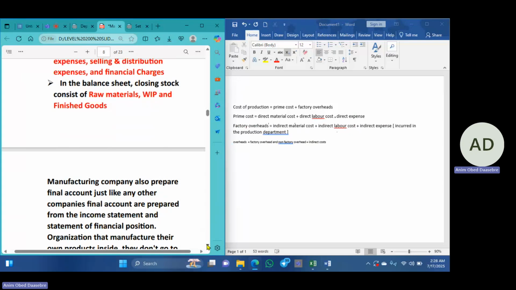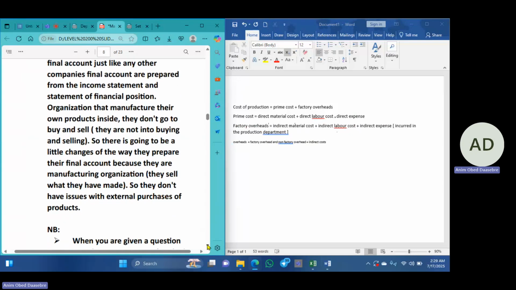And also sometimes when the transfer is at a profit margin, you need to find profit on the manufacturing account, that is, the cost of production.